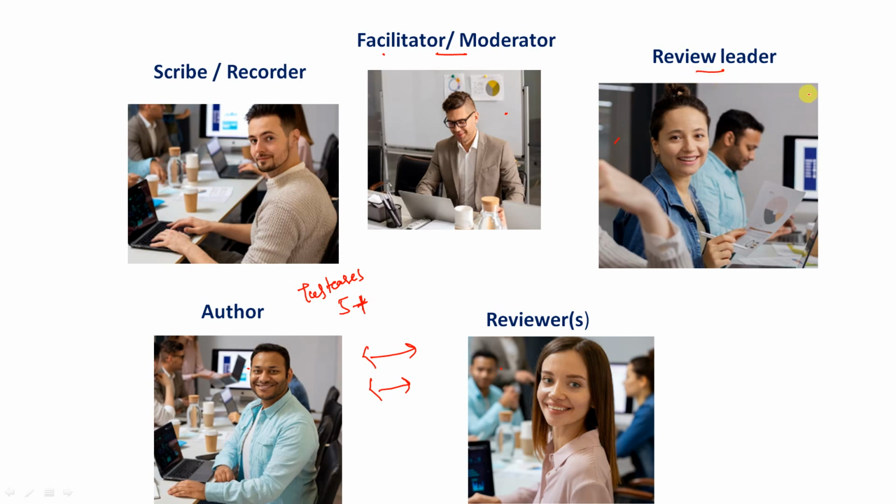She organizes, and she is the one who decides who can take part or not, where to conduct, and when to conduct everything. So she is the review leader, and he's the author, of course, creating and fixing the issues. She is a reviewer, finding the potential defects.